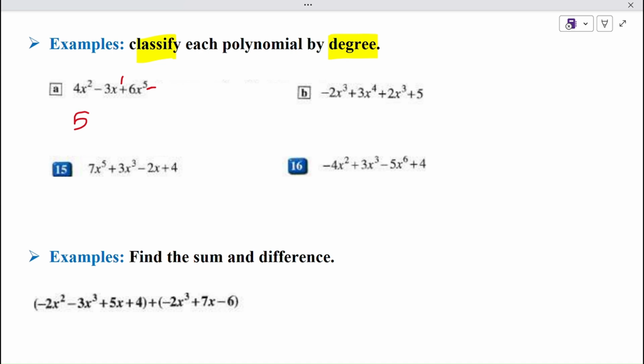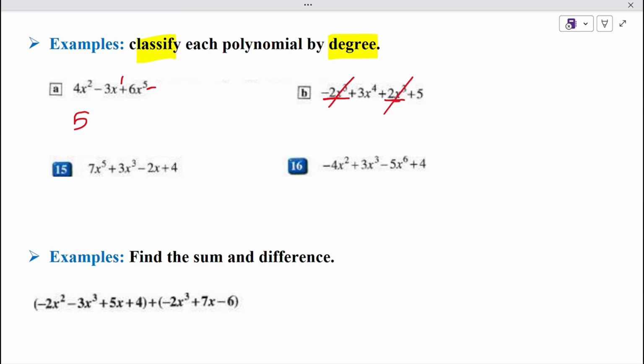What about this question? This question we have 2x to the power 3. At first, before choosing the highest degree, just simplify these terms, because here we have minus 2x to the power 3 and 2x to the power 3.